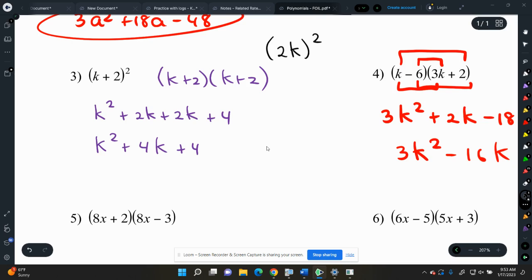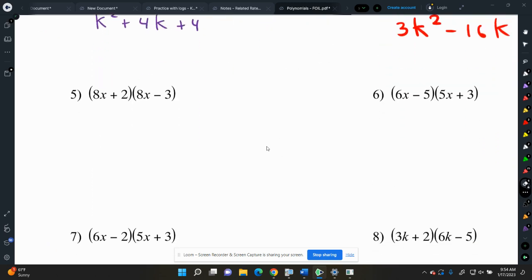Now, what's the difference between k plus 2 squared and 2k squared? This is k plus, this is times. So if something is multiplied inside the parenthesis, then you can distribute the exponent. If it's added inside the parenthesis, you cannot distribute the exponent. Okay.